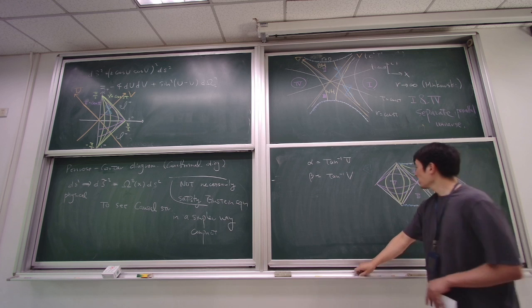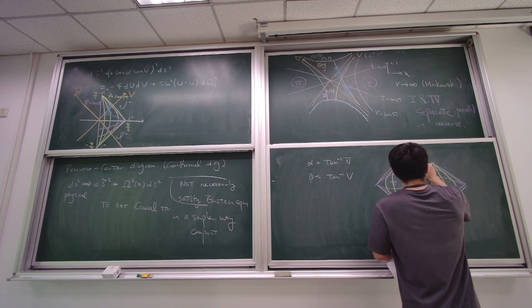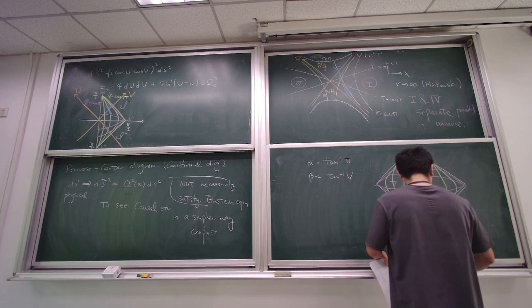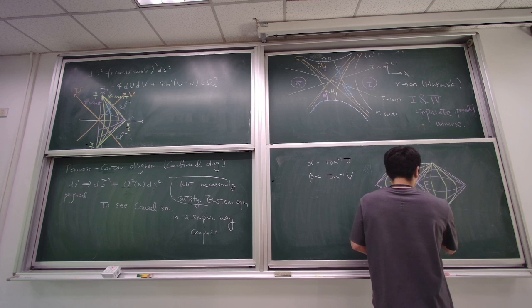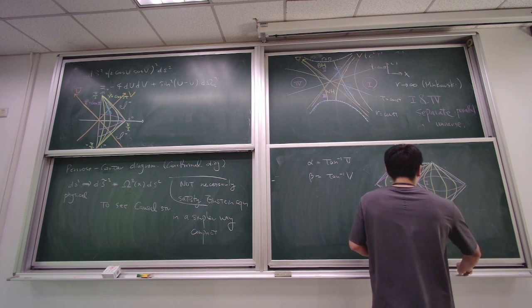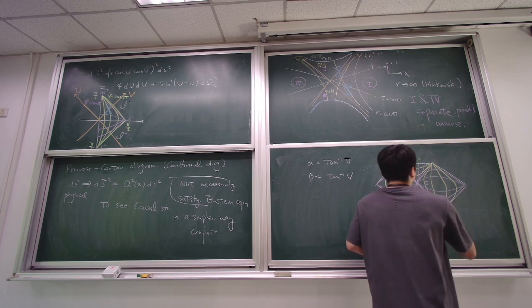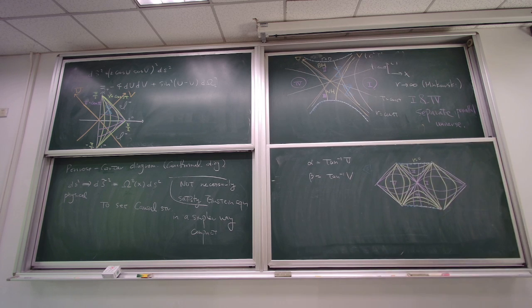And then t constant is like this way. Multiplied appropriately by the conformal factor, this is the r equal to constant, and t equal to constant is something like this way. Okay. So these are the Penrose diagram of Schwarzschild spacetime.